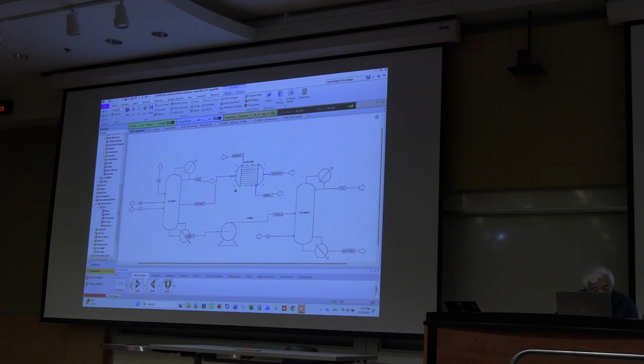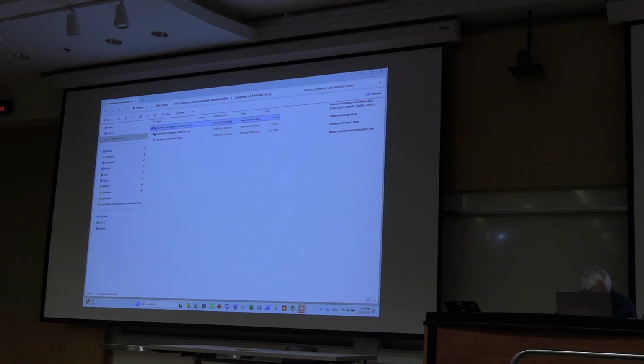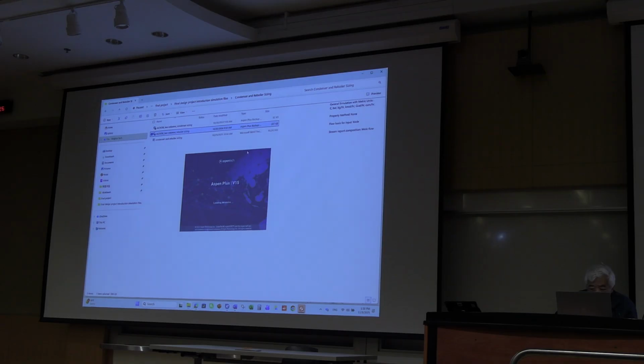Let's look at another. You can follow the page-by-page instruction in my condenser reboiler sizing handout. Now open up the reboiler sizing. Why do we need to size the condenser and reboiler? To become familiar with the use of pseudo stream.